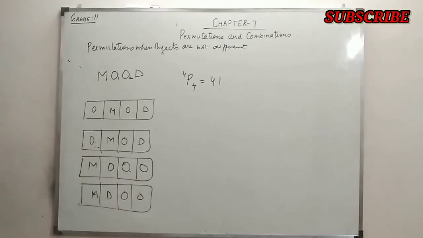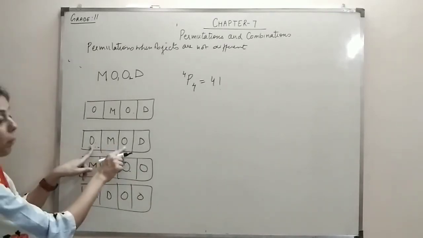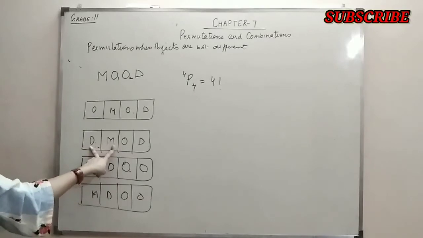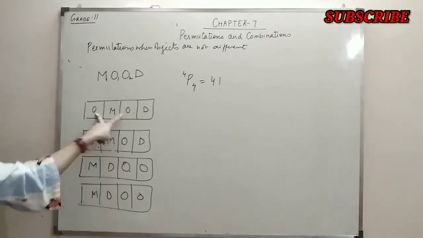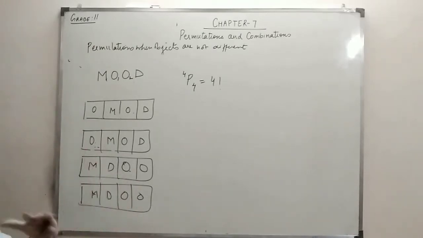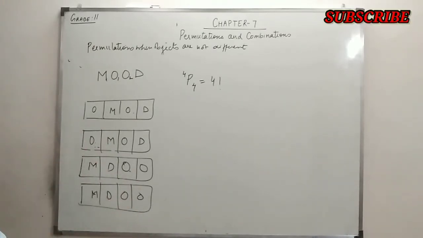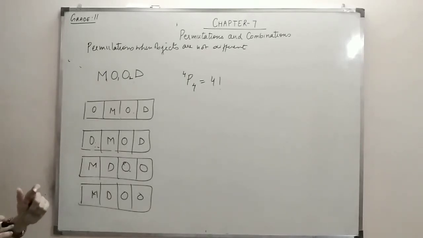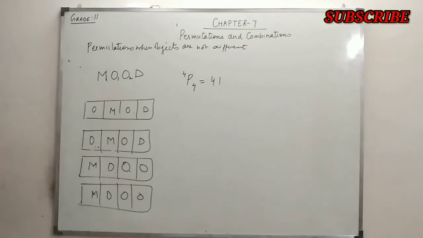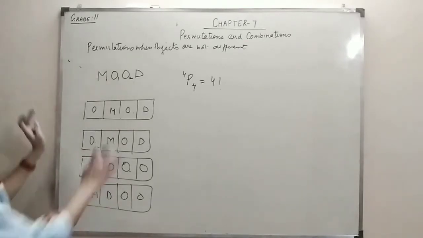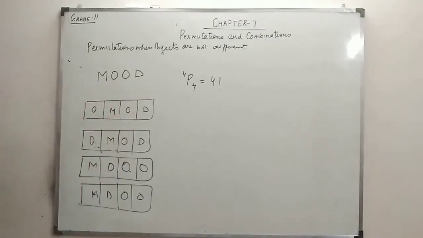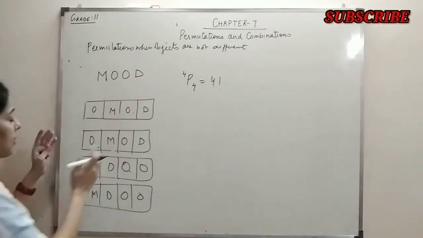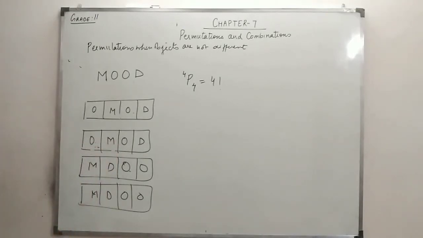So what do we do? We know that these two places can be arranged in 2 factorial ways. So in this type of question where the objects are not different, here I have taken the example of MODO, where you see that the letter O is coming twice, and I told you how the arrangements can be double in this case.